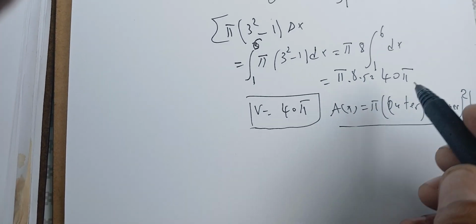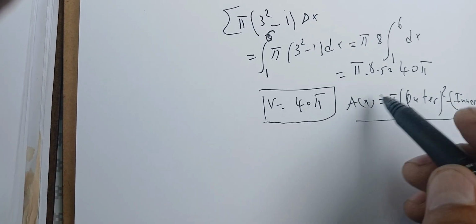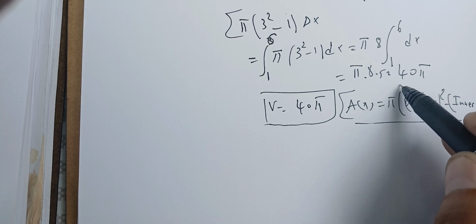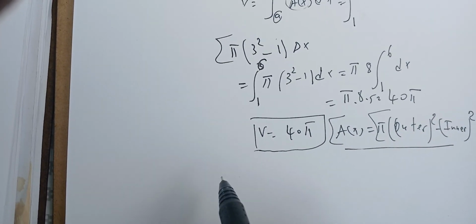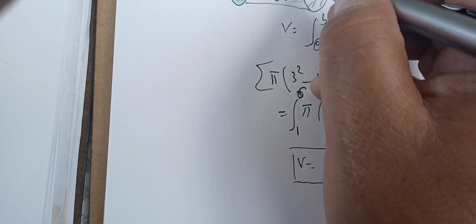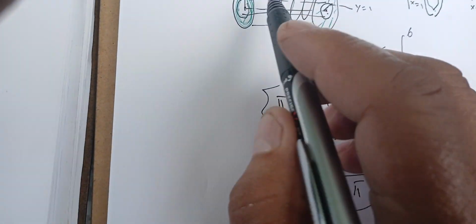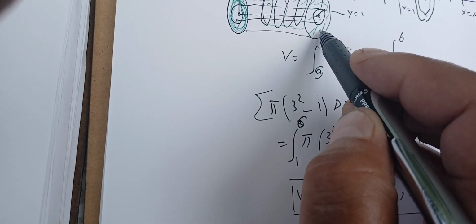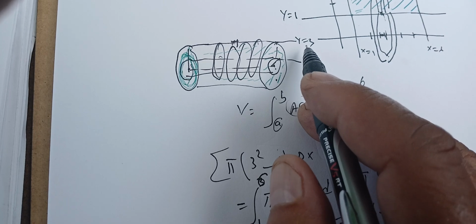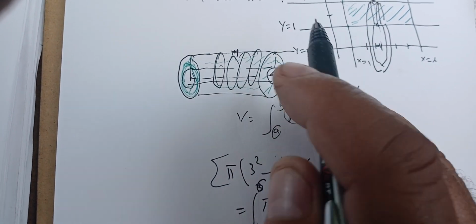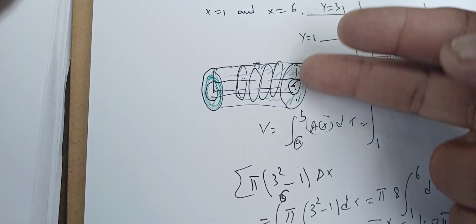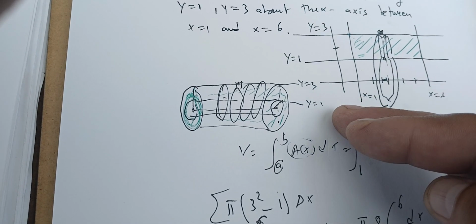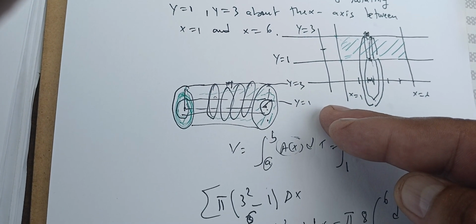So times dx, and after that we sum up to get the whole volume. We can think of this as summing up these small circles between 1 and 6 to get the whole volume of the solid obtained by rotating these two functions about the x-axis.